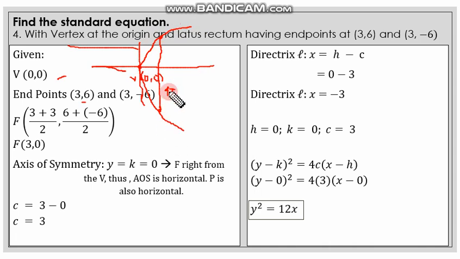By the way, the endpoints of the latus rectum are on the parabola, and their midpoint is the focus.